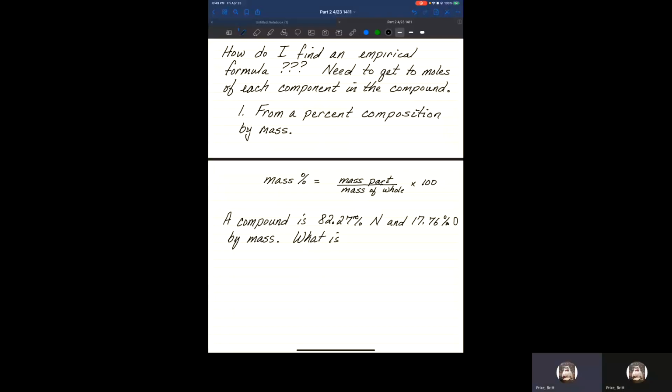What is the empirical formula? I'm sorry, that's not oxygen. Oh my goodness. Let's try that again. That would be hydrogen. That would have been really bad. What is the empirical formula of the compound?